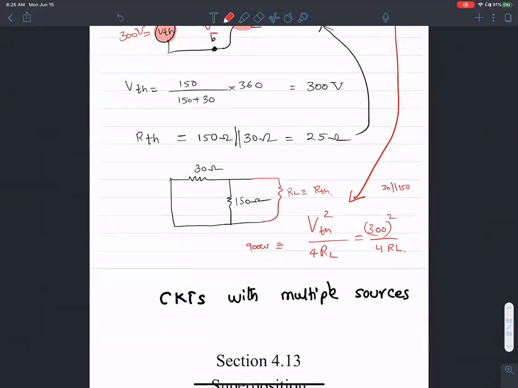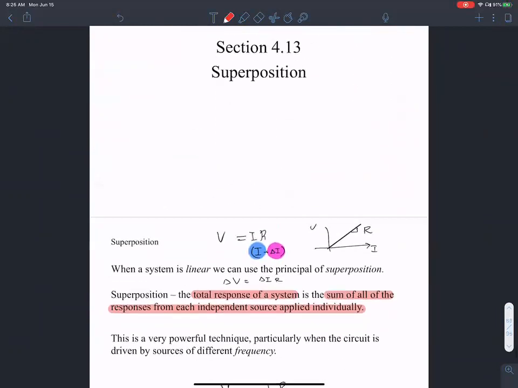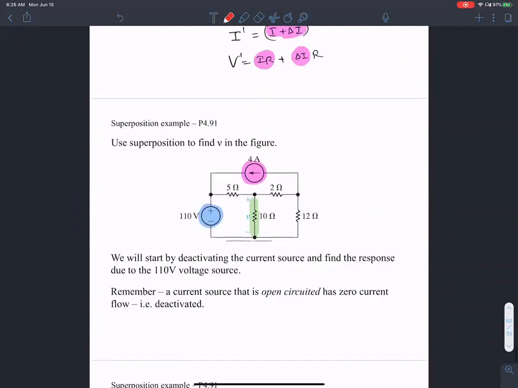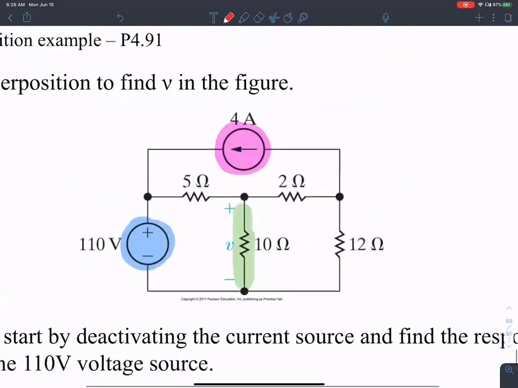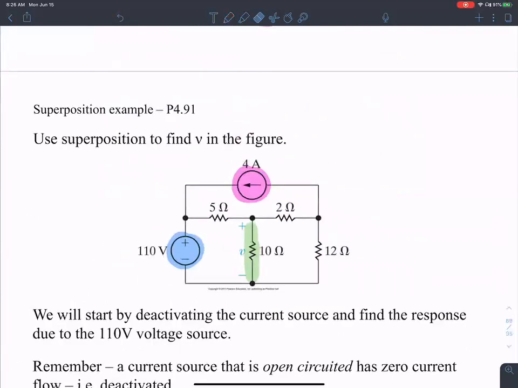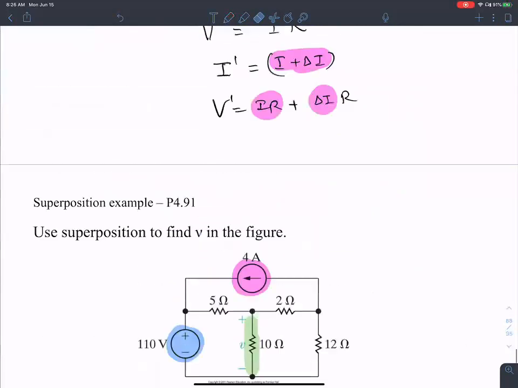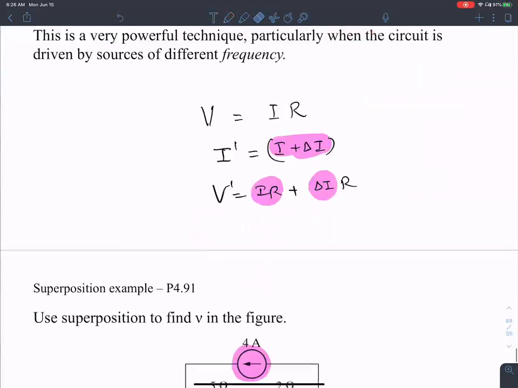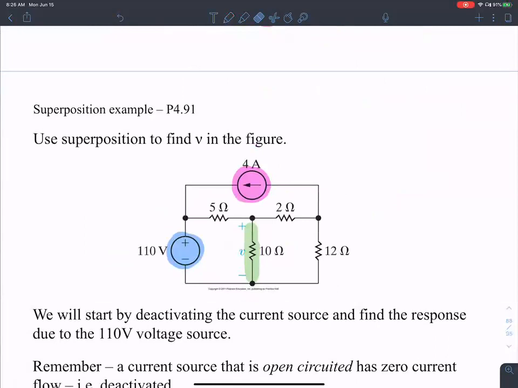Okay, all right, let's continue with the superposition theorem, an example of the superposition theorem. So let's go through the question really quickly. Use superposition. We are supposed to use superposition. There are a bunch of different ways. We could apply the node voltage method. We could apply the mesh current method.